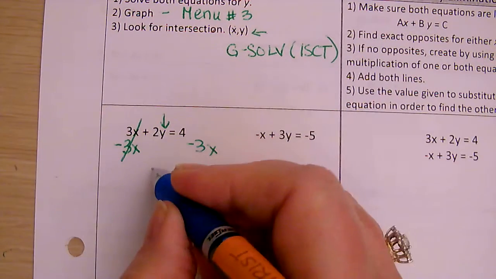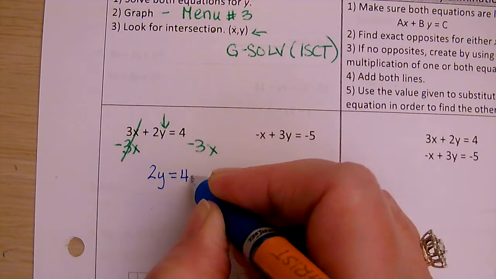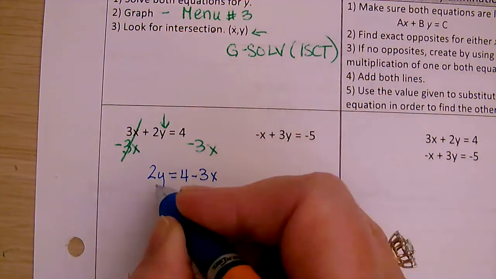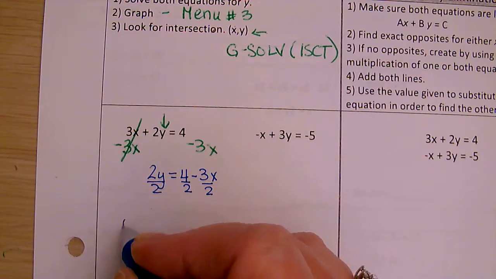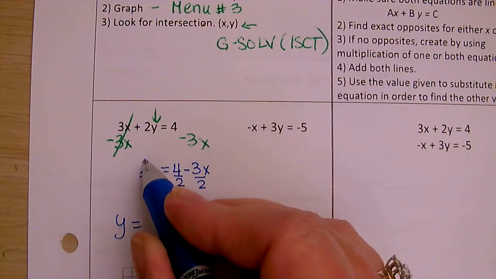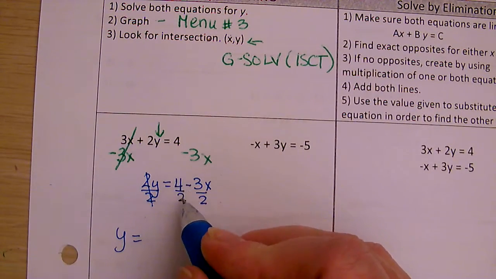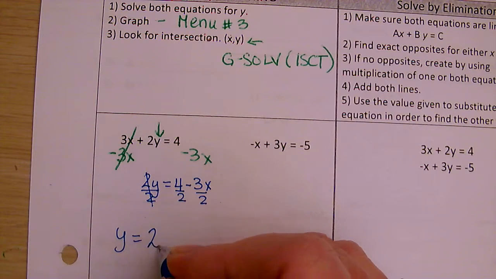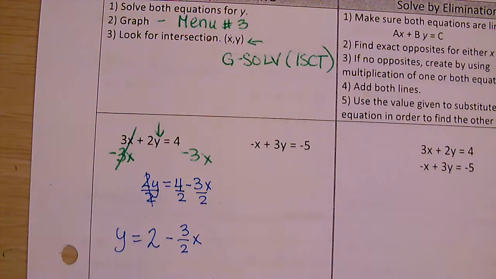So what's left comes on down, 2y equals 4 minus 3x, and we're going to divide each little part by 2. Now those 2's cancel out. Now here, 4 divided by 2, that'll simplify to 2. 3 halves, not so much. So we'll just keep that as a fraction.